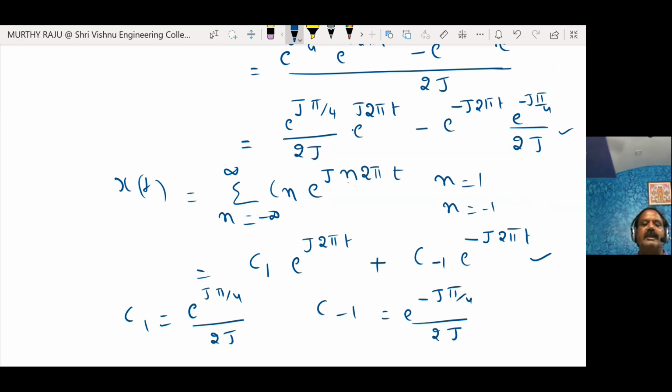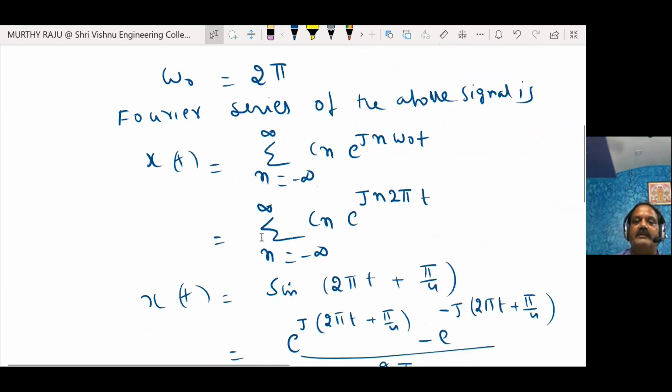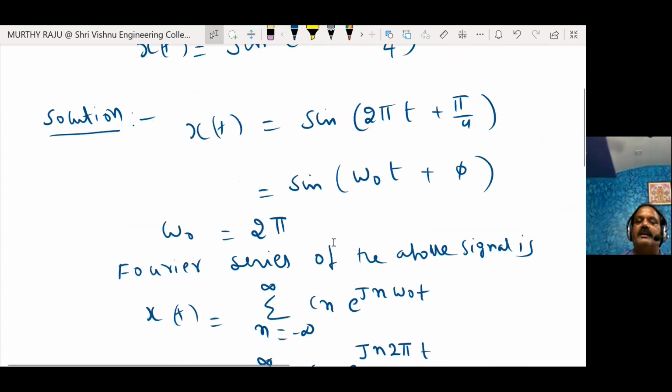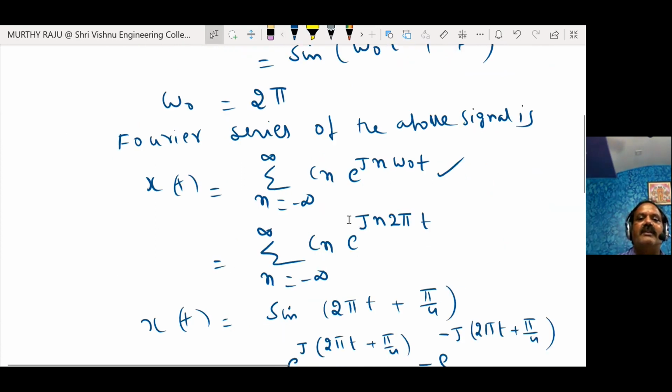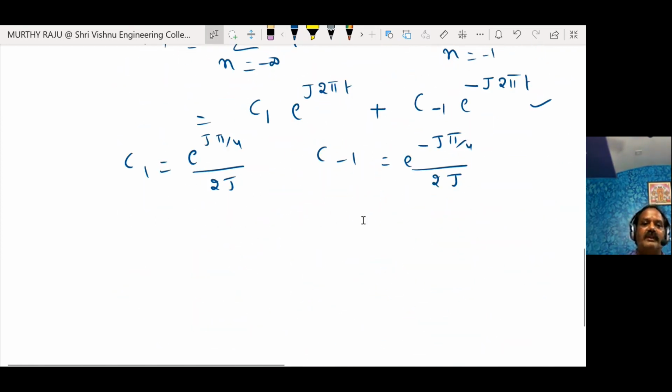But we need the Fourier transform, not the Fourier series. This is a periodic signal with omega naught equal to 2 pi. For periodic signals, the Fourier series is used to analyze them. That is the reason we apply the exponential Fourier series. Convert sine of 2 pi t plus pi by 4 into exponential form, compare, and we get C1 and C minus 1.